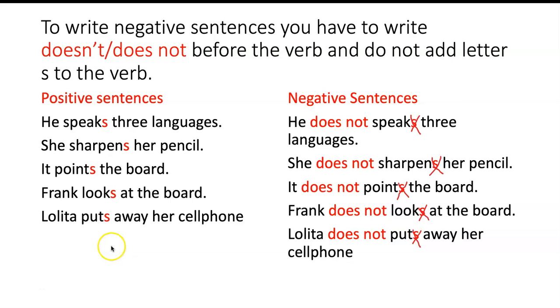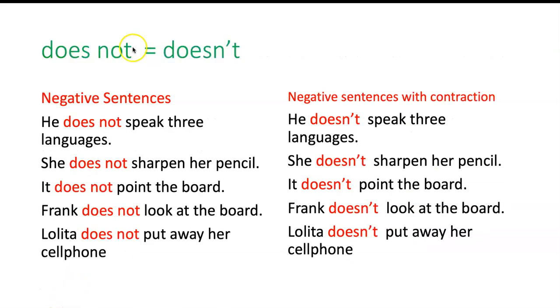Okay? Now here. We have does not, that is the same as doesn't, the contraction. So you have here the full form. He does not speak 3 languages. And you have here the contraction. He doesn't speak 3 languages. She does not sharpen her pencil. She doesn't sharpen her pencil.